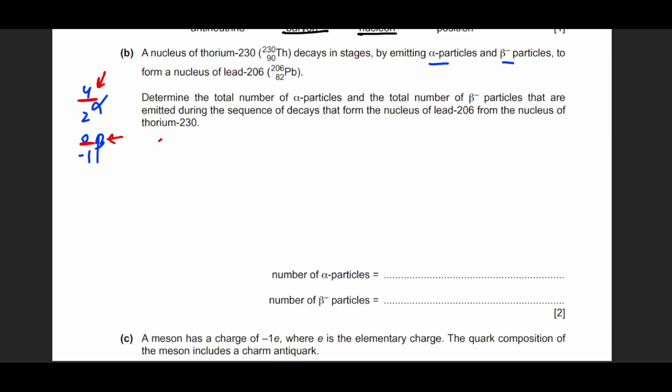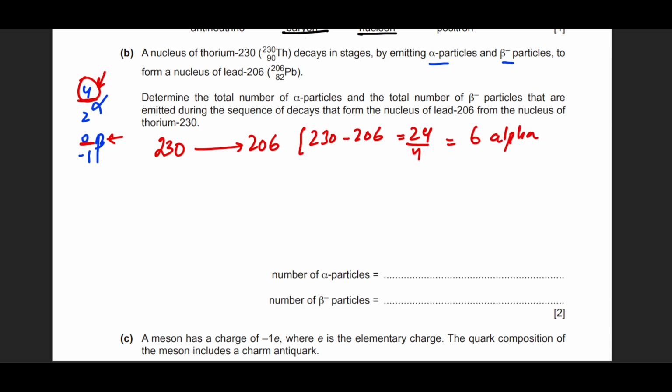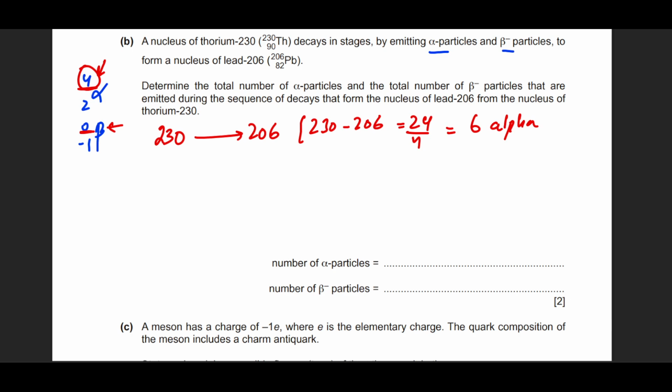So I am changing the upper value from 230 to 206. The difference between them, 230 minus 206, comes out as 24. Now, if I'm causing only alpha emission, then dividing by 4 gives me 6 alpha particles. So 6 alpha particles must have been released. If that's the case, then what's happening with the proton number?